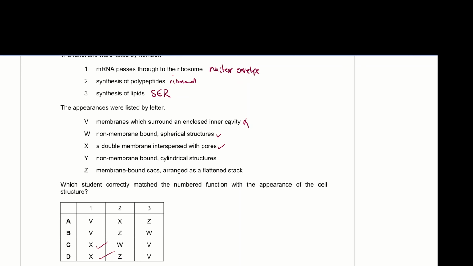This is correct because we all know ribosomes are spherical and they do not contain a membrane. For Z, it's membrane-bound sacs arranged as a flattened stack. Flattened stack is incorrect because this is the Golgi body. So the correct answer is going to be W. For V, both of them are the same answers. Membranes which surround an enclosed inner cavity. This is the smooth endoplasmic reticulum. So the answer is going to be C.